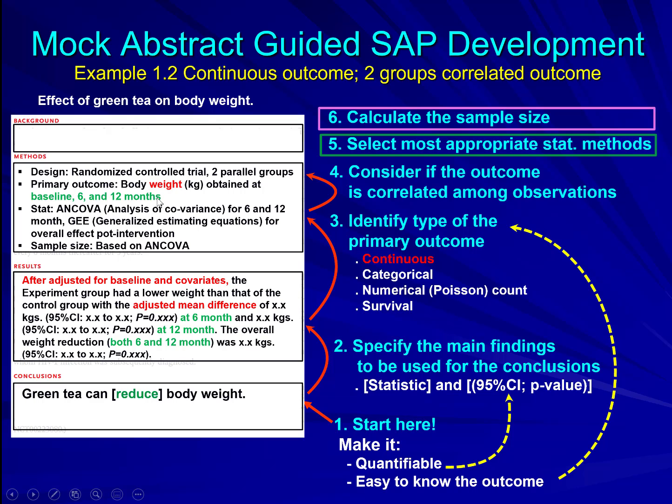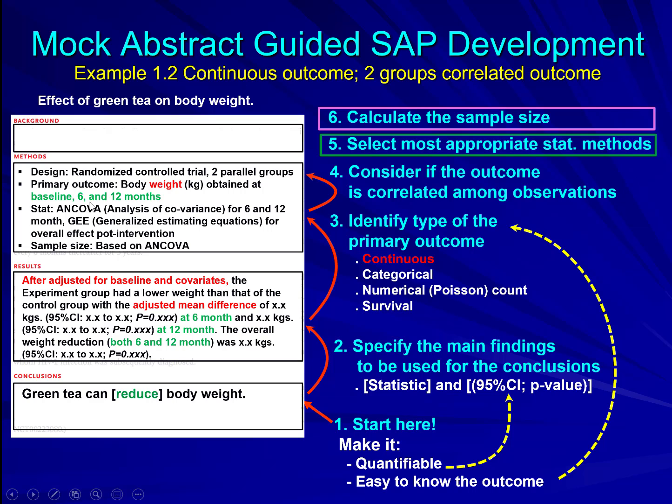So there are 3 repeated measures. Now, what we need to plan for is how we can analyze the weight for 3 occasions in each group. The baseline is not the effect of the green tea. At 6 months is the early effect, and the 12 months is the long-term effect.